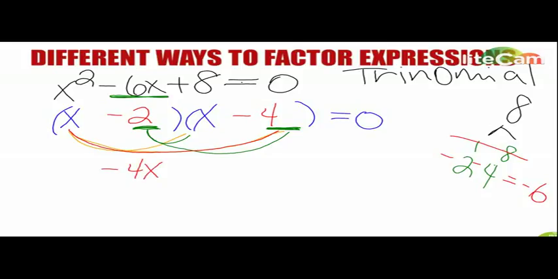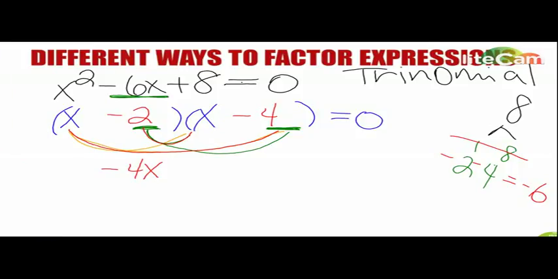let's go back to where I FOIL that. When I FOIL the first two, that's an x squared. If I FOIL the x and the -4, I get -4x.